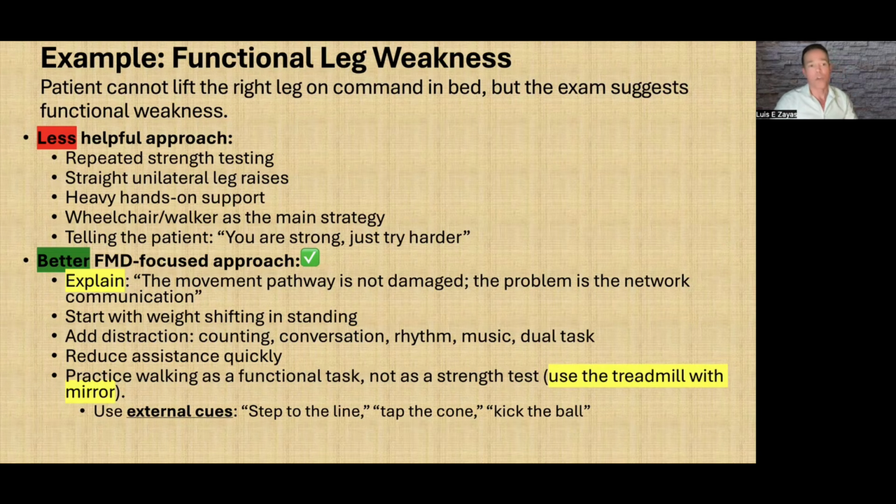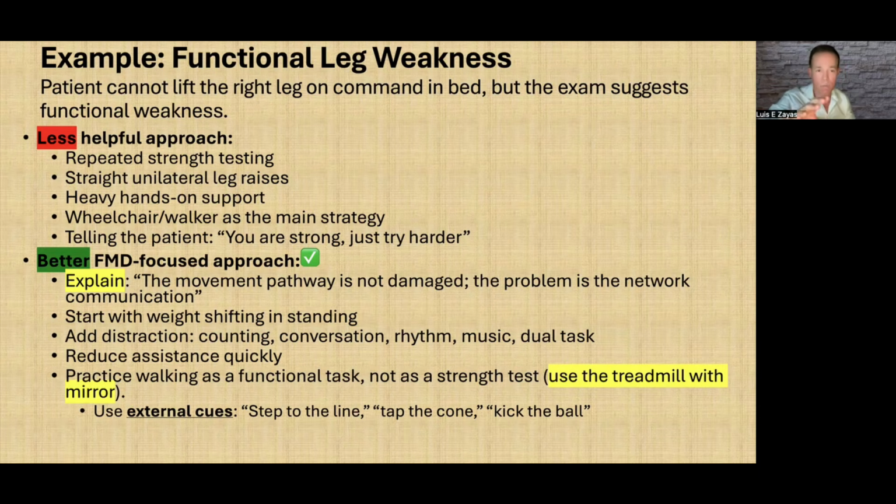Imagine your brain is a computer: your software is not working well, but the hardware is working well. So if we fix the software, you can improve, you can be functional again. The movement pathways are not working well. So again, it's a communication problem.